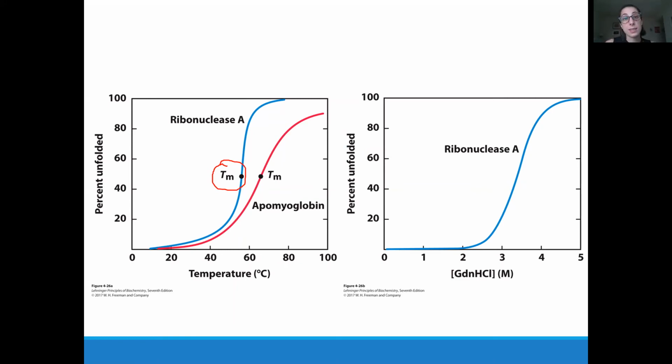So if a protein is not held together with disulfide bonds or does not utilize disulfide bonds, then adding something like guanidine, this chaotropic agent, will not affect it. But you can see that ribonuclease A is in fact affected by the addition of this guanidine hydrochloride, which gives you a clue that it has disulfide bridges in it.